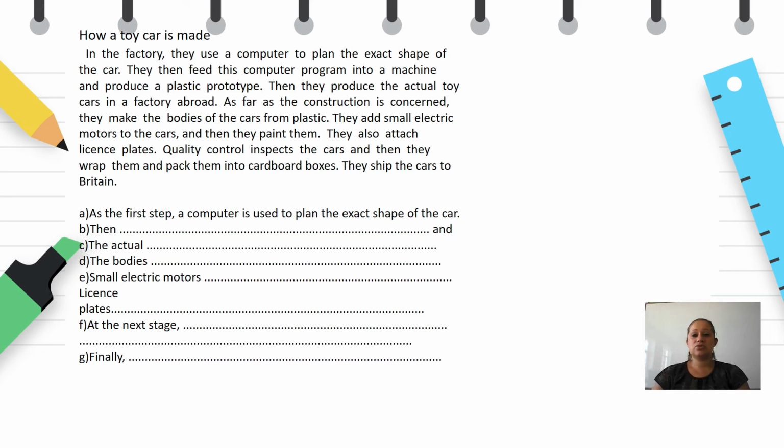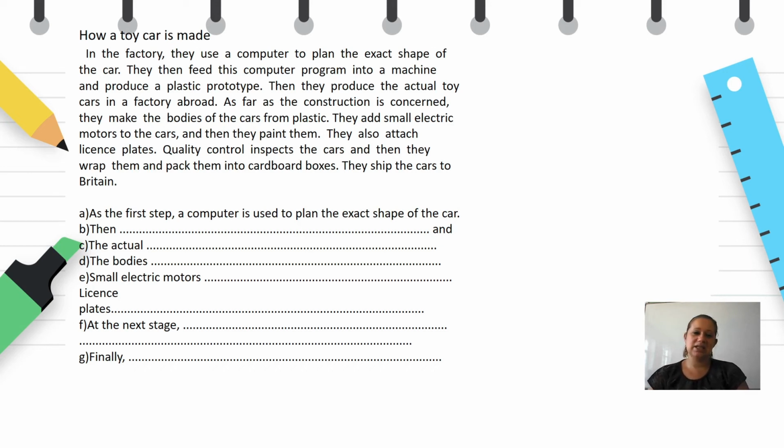As far as the construction is concerned, they make the bodies of the cars from plastic. They add small electric motors to the cars and then they paint them. They also attach license plates. Quality control inspects the cars and then they wrap them and pack them into cardboard boxes. They ship the cars to Britain.